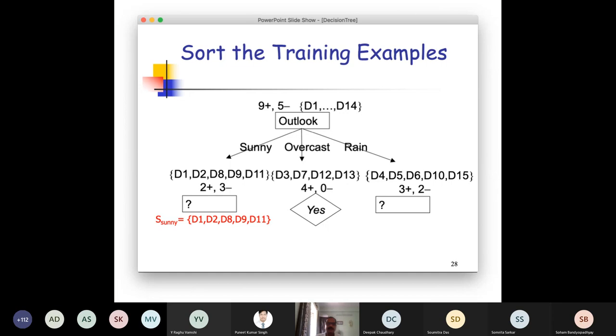Sunny is the value of outlook, and that is the partition we'll be considering. Out of this set, we will have partitions induced by 3 attributes and their entropies. So first, what is the entropy of S sunny? How do you compute the entropy of S sunny?